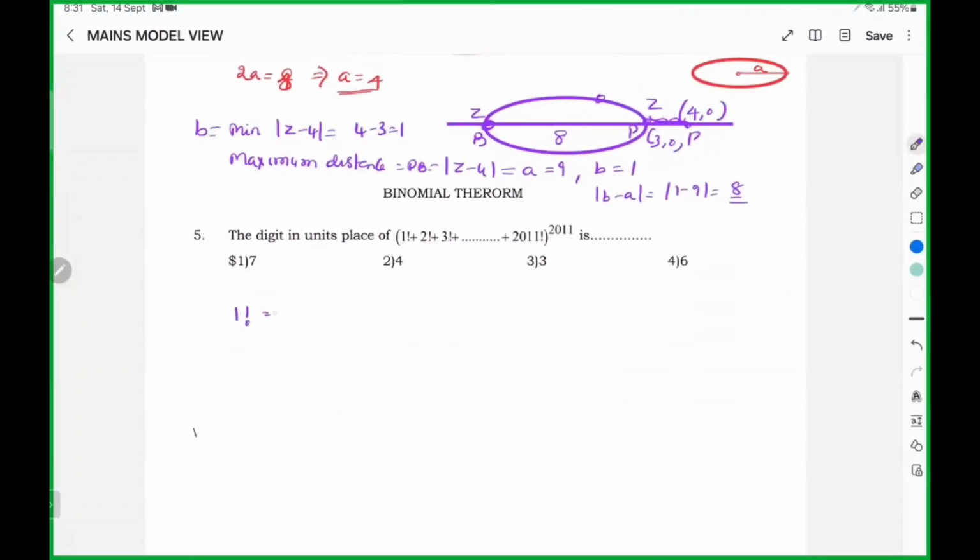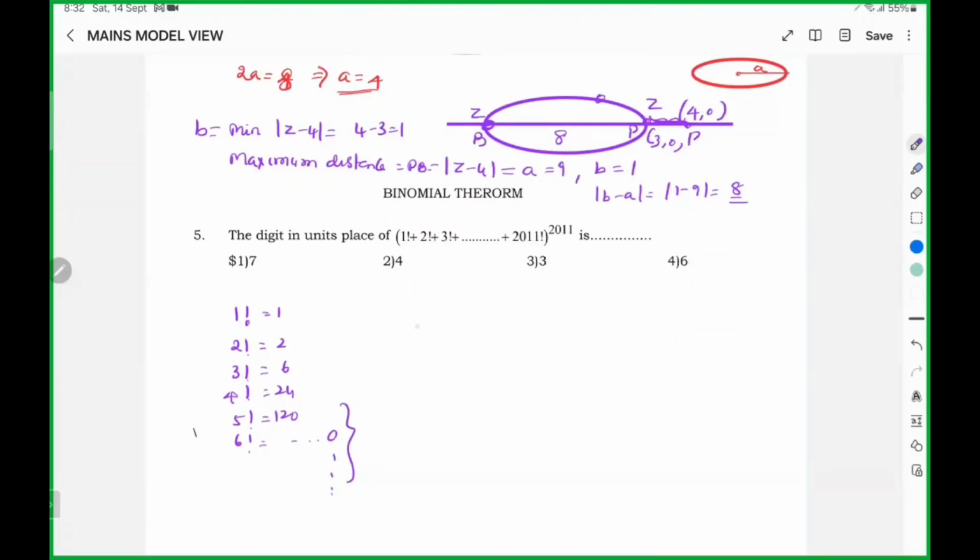Here 1 factorial, 3 factorial is 6, 4 factorial is 24. 6 factorial onwards, everything ends with 0. So we don't require those which end with 0.